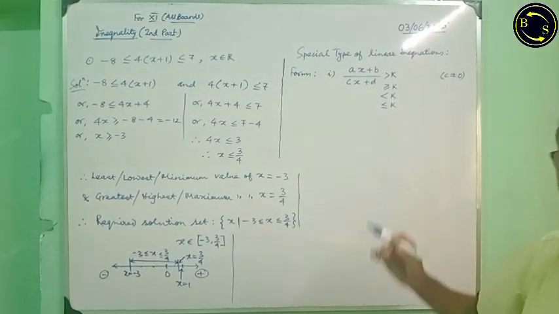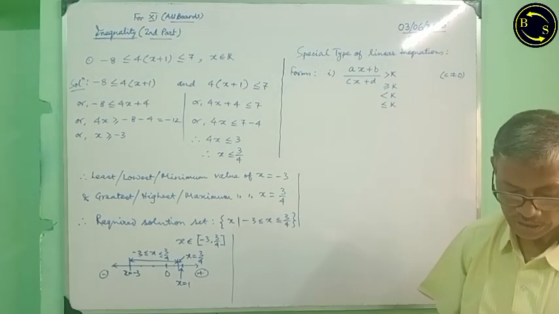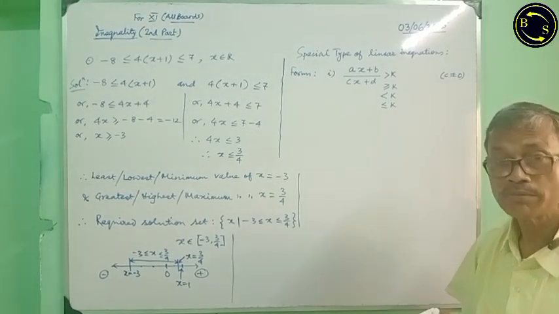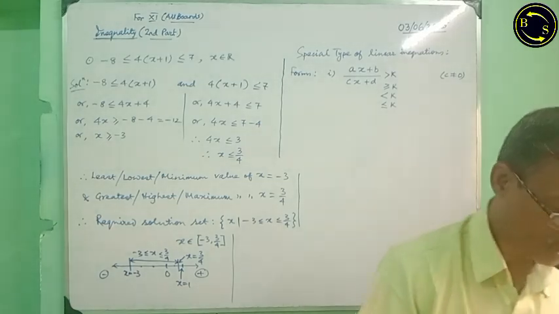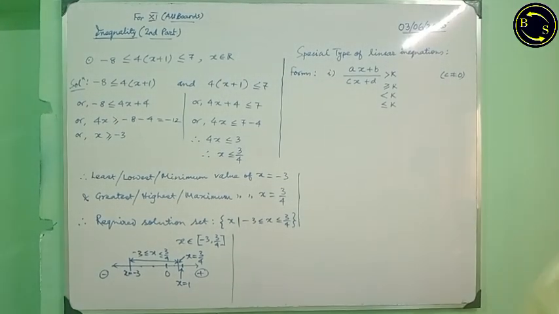If we get such type of forms, then how do we solve this? Let me first discuss what we do.